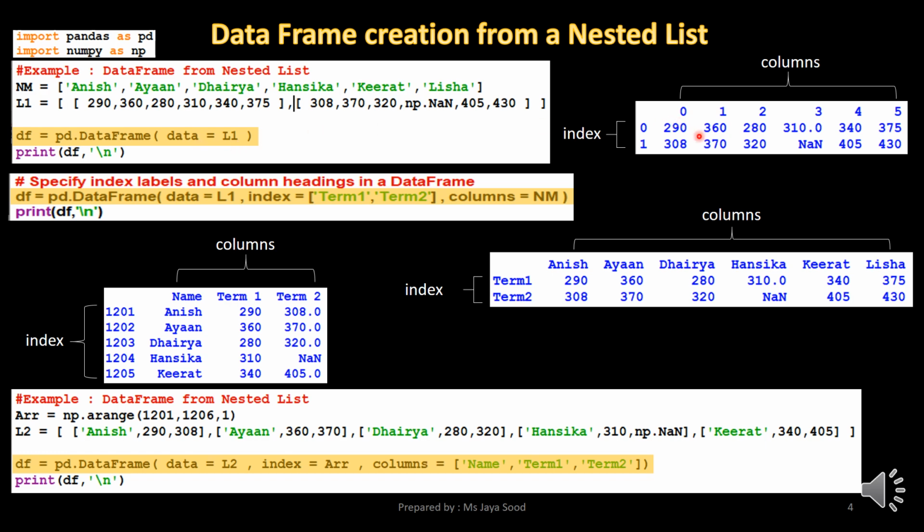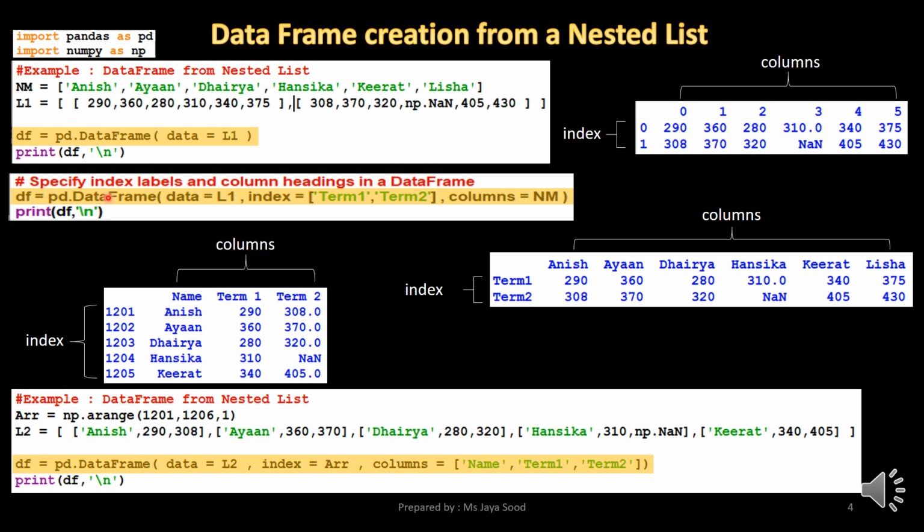You may see here in the output that the data frame is created with two rows. The first row is created from the first element of the nested list and the second row is created from the second element of the nested list. The default column headings are from 0 to 5 and the default index labels are 0 and 1.